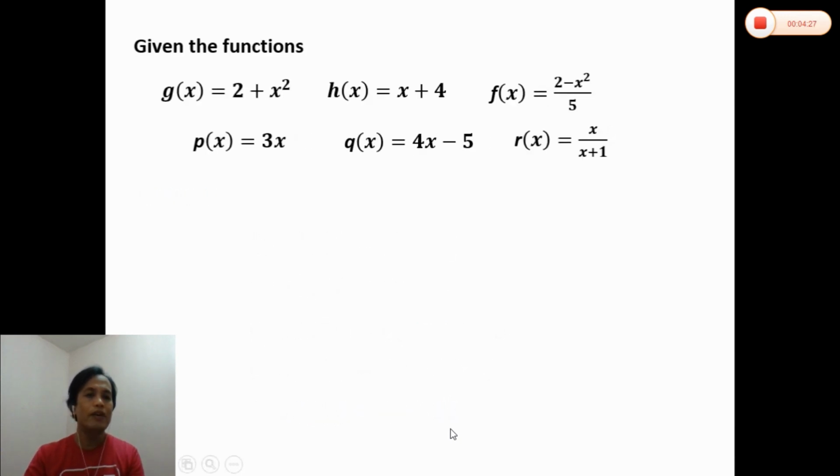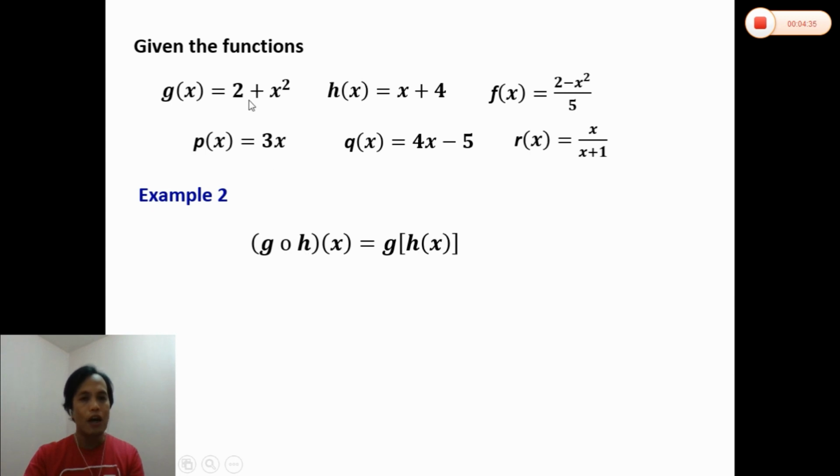Let's proceed to the second example. We are given the same set of functions and we are to find the composition of the functions g and h. Our g is defined by the function 2 plus x squared and our h is defined by x plus 4. So again, we write first the function g, which is 2 plus x squared.